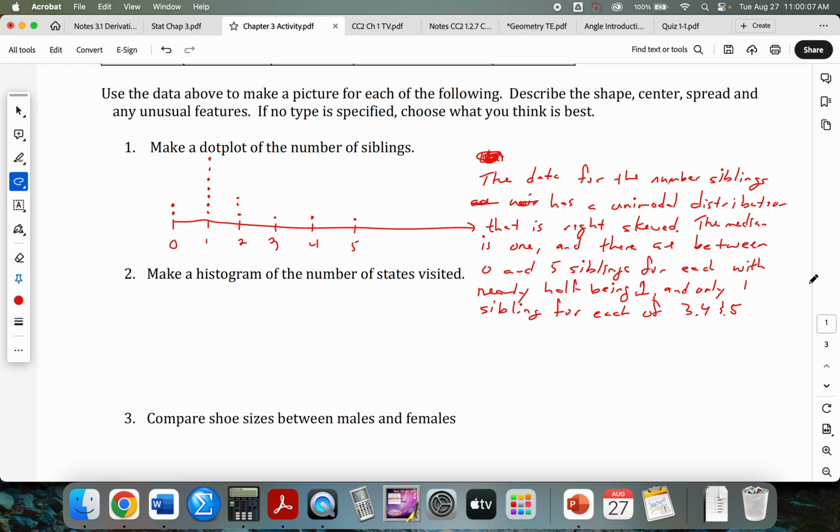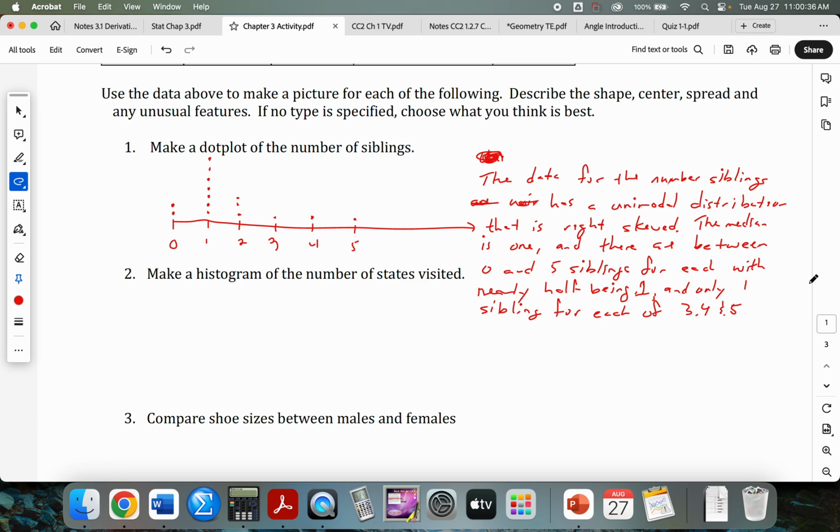But by saying that nearly half of the data is 1 sibling, that gives you a real good, strong sense of what's going on. So if you are looking for hard and fast, always do this: if it's unimodal and symmetric, you're going to do the mean and the standard deviation.